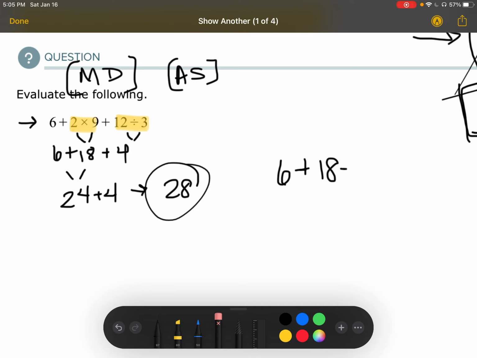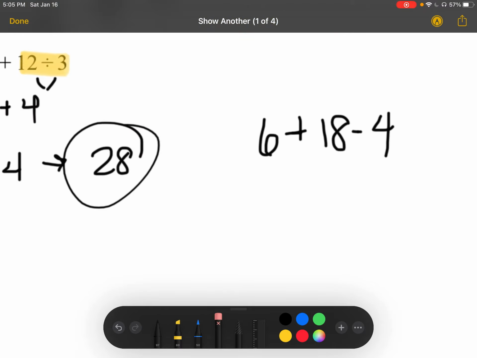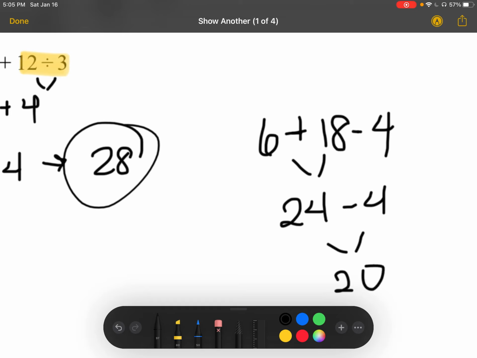Let's just say that this second function was telling you to subtract. Not the case in this question, but hypothetically, you don't have to do this first; you would just go left to right. So then you would have 24 minus 4, and that would bring you to 20.